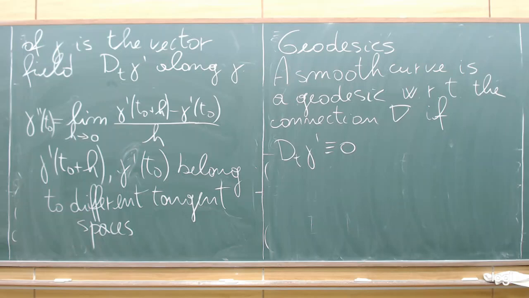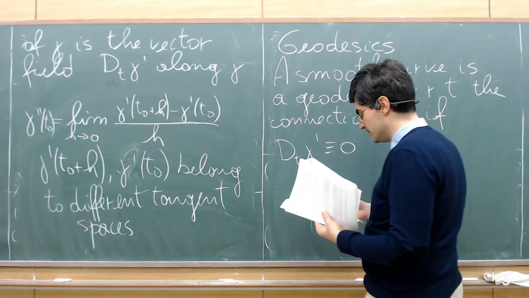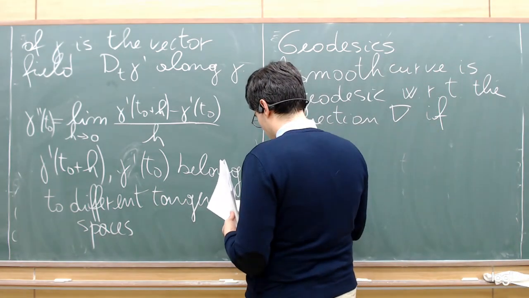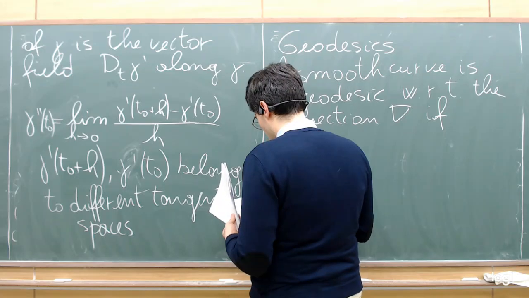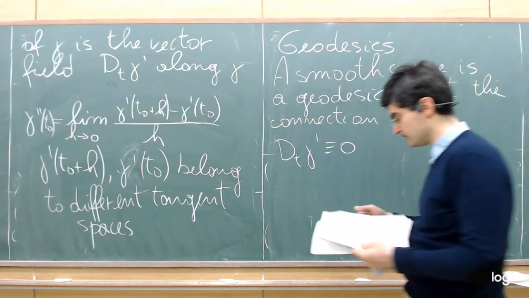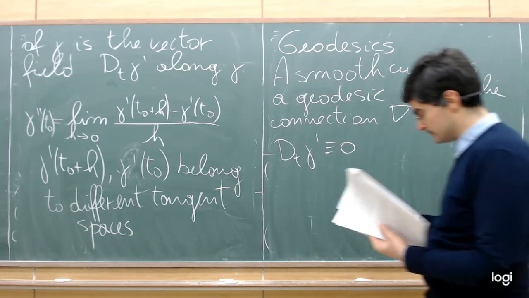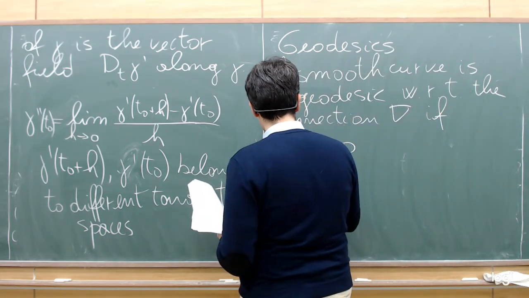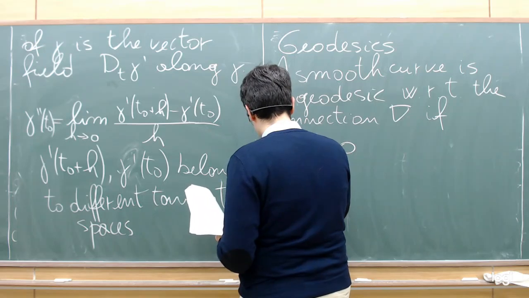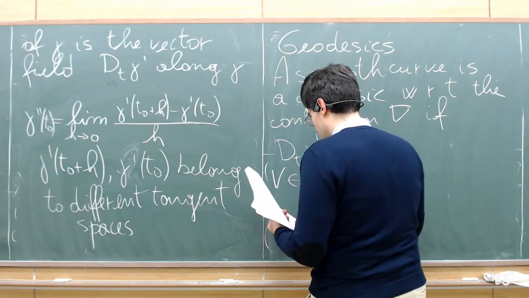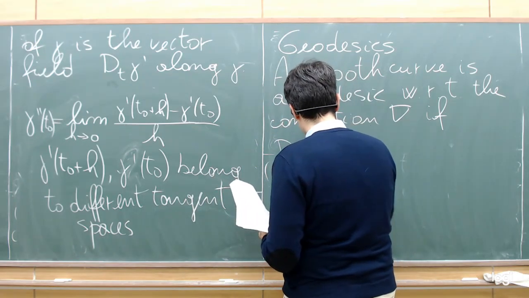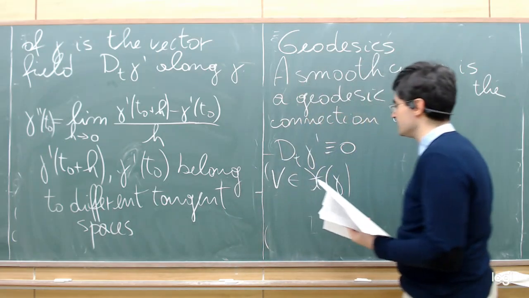I want to recall a formula. Suppose that V is a vector field along gamma.